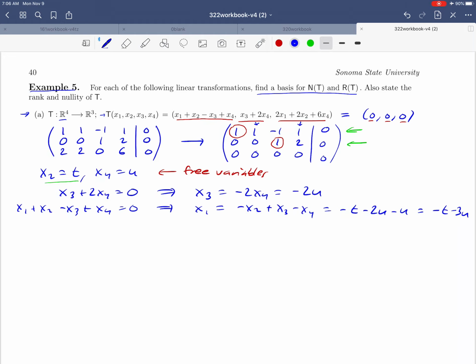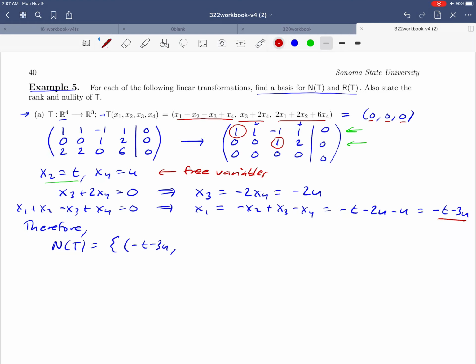So we can describe our null space then. Therefore, the null space of T is just the set of all x1, x2, x3, x4. Let's look at what our values are one coordinate at a time. x1 is negative t minus 3u, so that's what goes in our first coordinate.